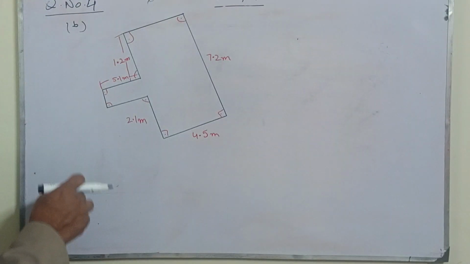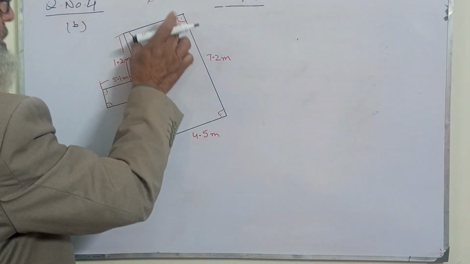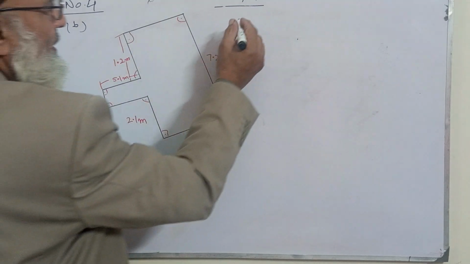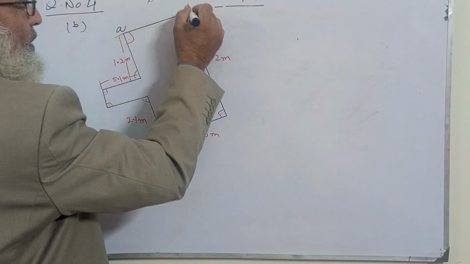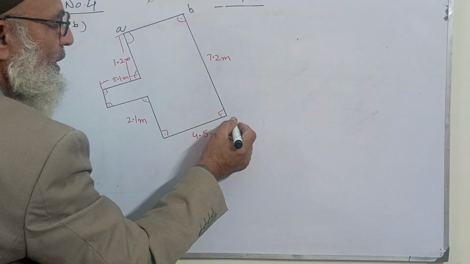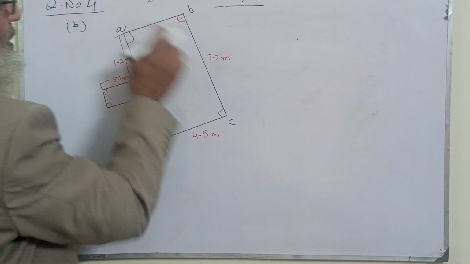So it is very easy: first we'll consider the larger rectangle, and when you give the names, it becomes very easy.